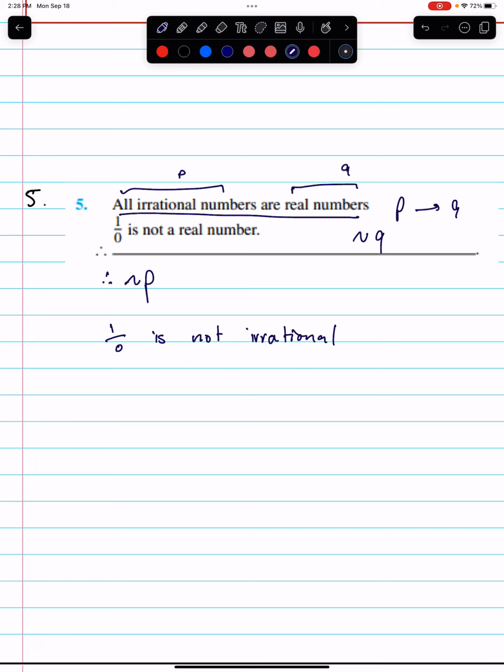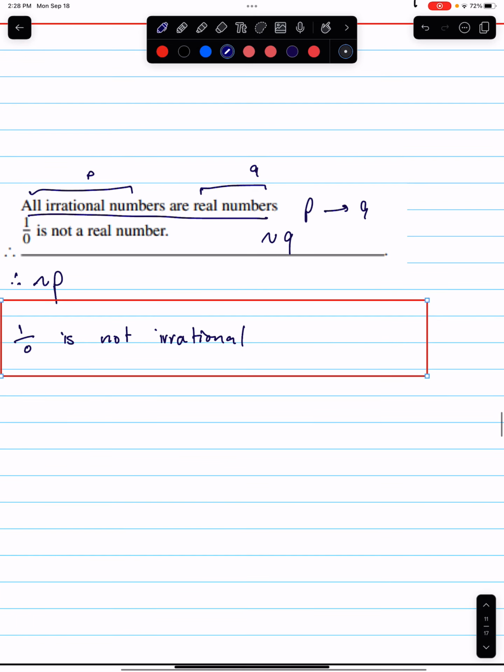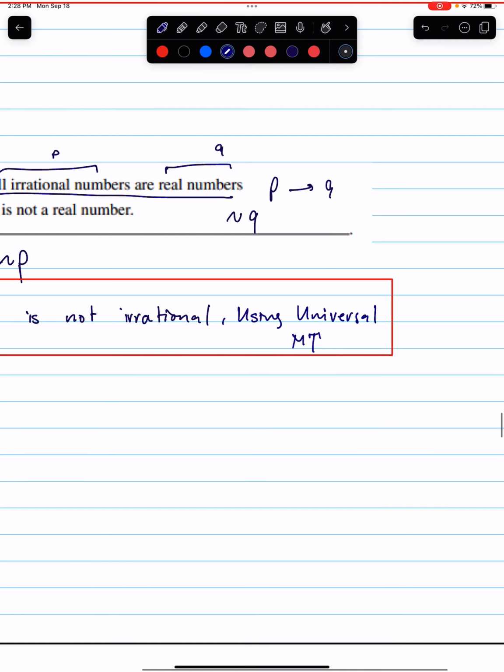If P then Q, and they give us not Q, then the conclusion is only not P. Using universal MP and MT, modus tollens.